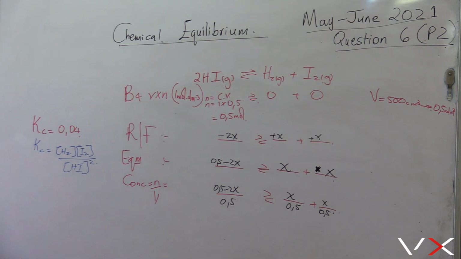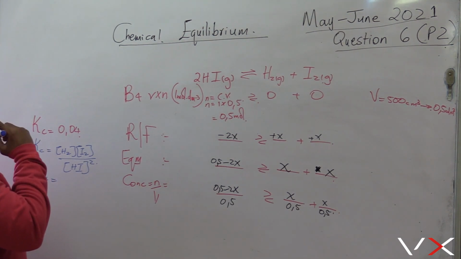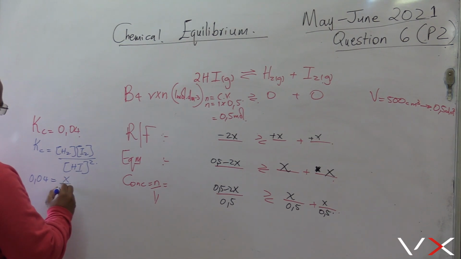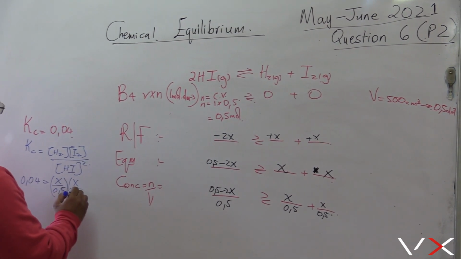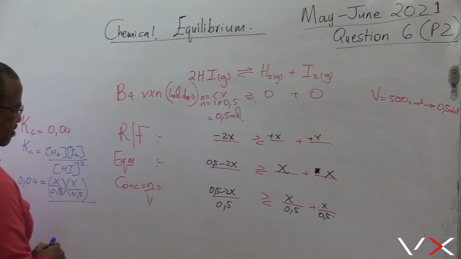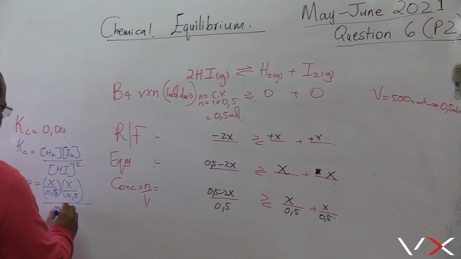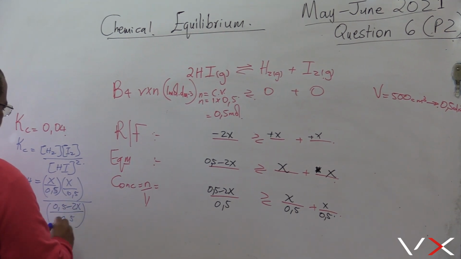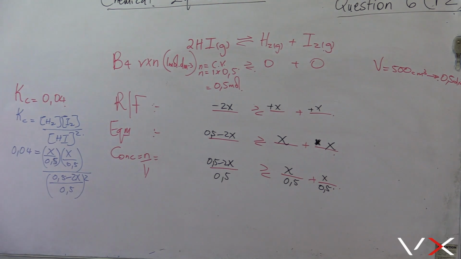Kc is 0.04. The concentration of H2 is x over 0.5, times the concentration of I2, x over 0.5, divided by the concentration of HI, 0.5 minus 2x over 0.5, all squared.